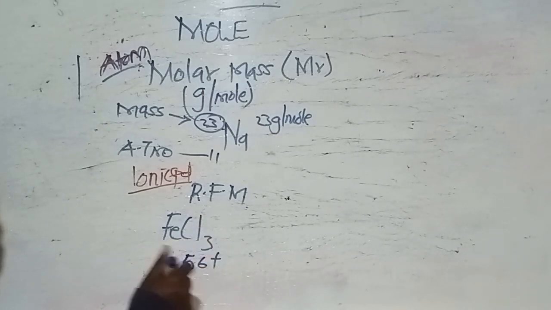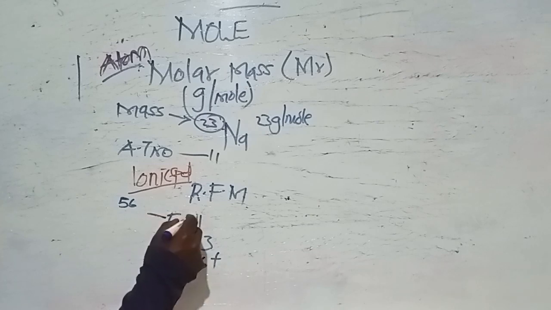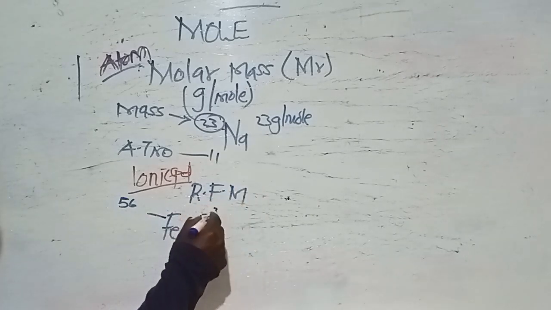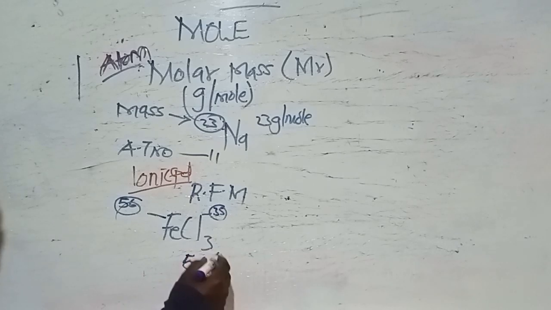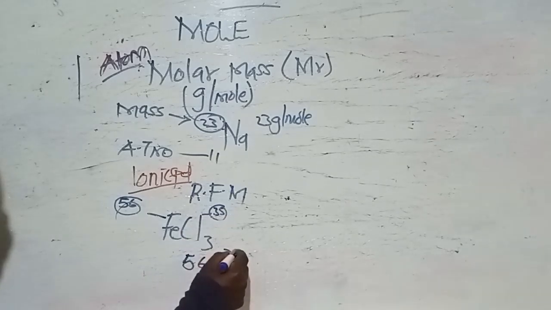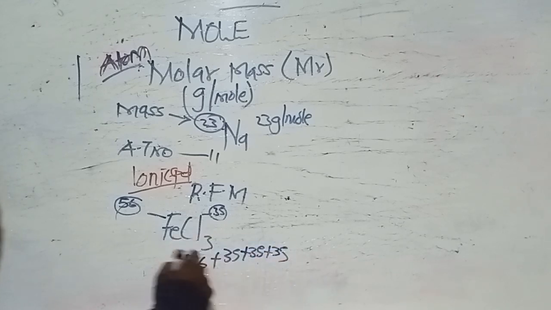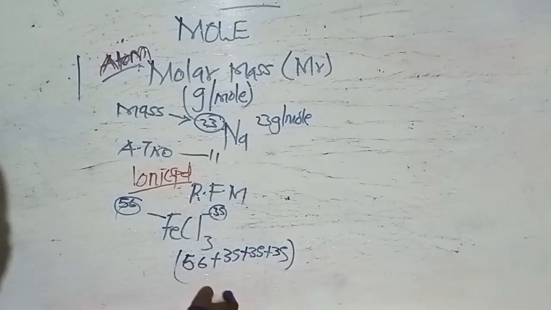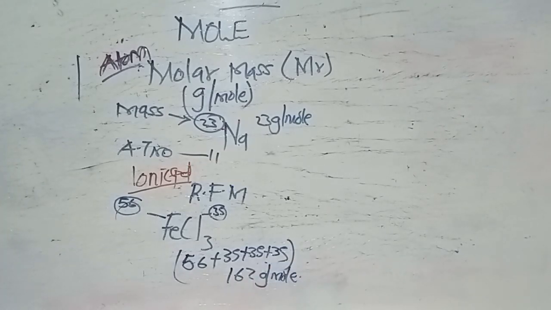Iron has a mass of 56 and chlorine has a mass of 35. So it's going to be 56, you add 35 for the first chlorine atom, remember there are 3, plus 35 for the second chloride ion, and 35 for the third chloride ion. Now, when you add them, you get 162 grams per mole. That is how you calculate relative formula mass of ions.